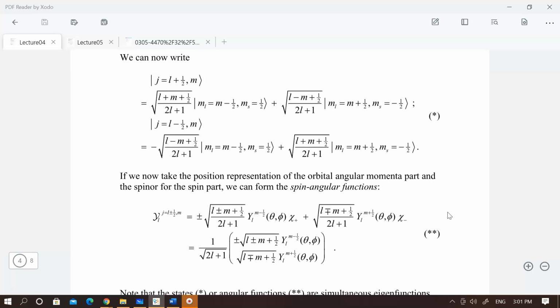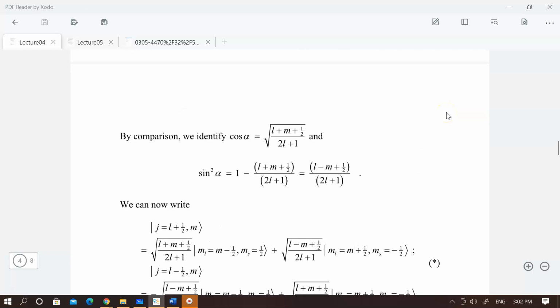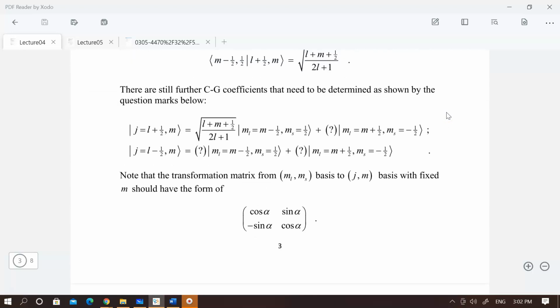This looks puzzling. Initially we wanted to look at how the states in the coupled representation are related to the uncoupled representation. We found, by using step-down ladder operators, one of the coefficients.